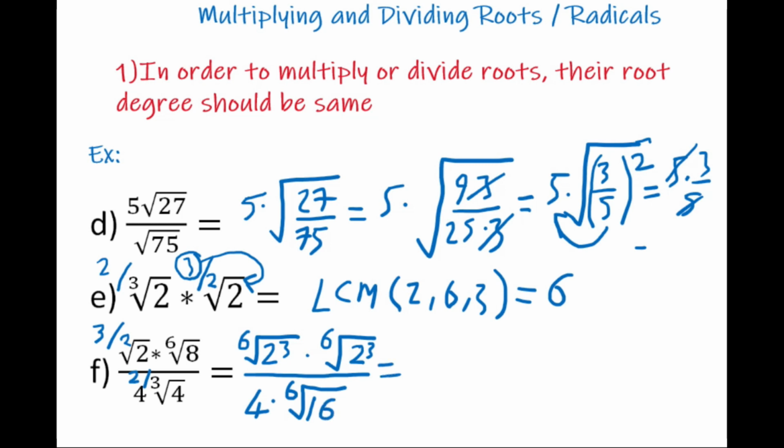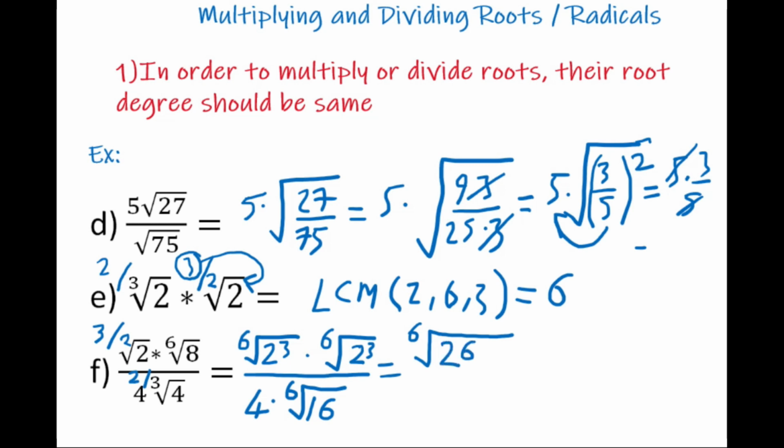This is going to be equal to, as you all see, we have the same root degree, which is 6. So I'm going to multiply those terms under a single root, which has 6 as a root degree. Now 2 to the power of 3 times 2 to the power of 3 is 2 to the power of 6, right?